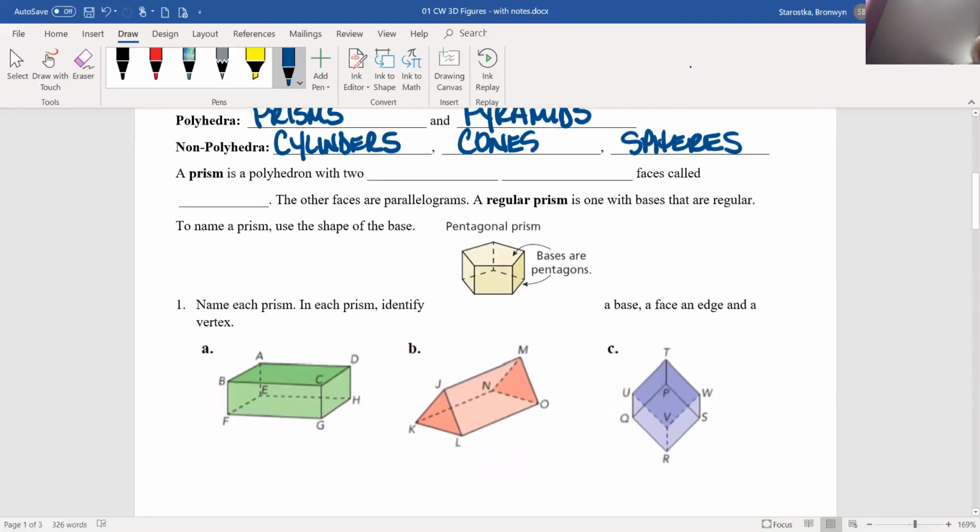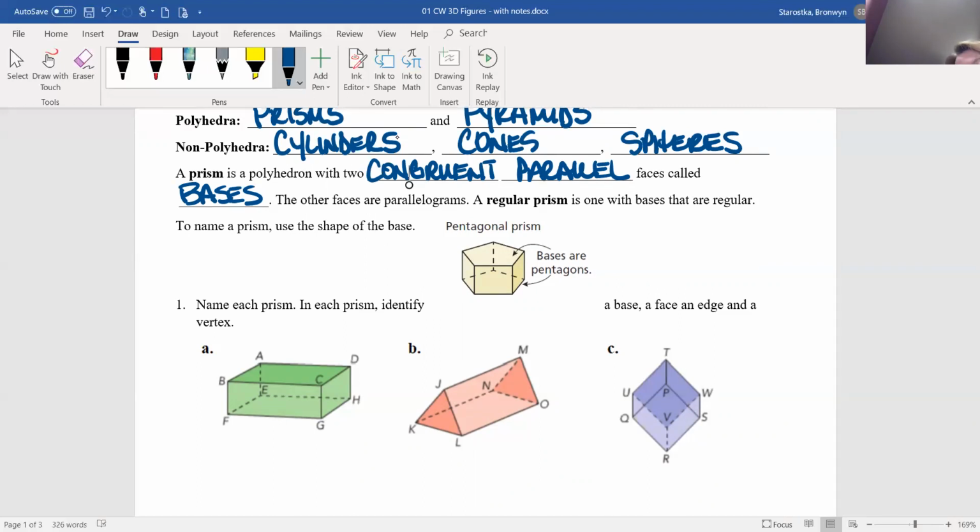When we talk about a prism, it's a polyhedron with two congruent parallel faces that we call bases. This is important because when we name a prism, we're going to name it by its bases. So you're always looking for those two congruent sides that are parallel.